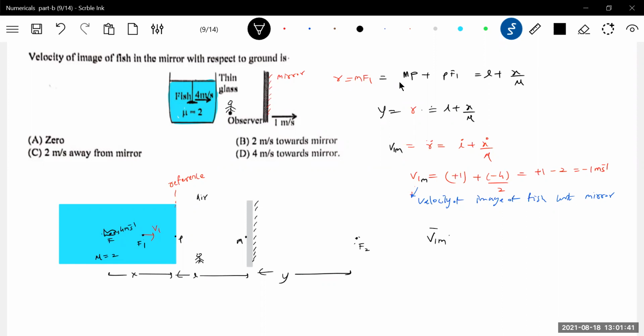Velocity of 1 with respect to mirror is equal to V1 minus Vm. Velocity of mirror is plus 1. V1 we are getting, 0.